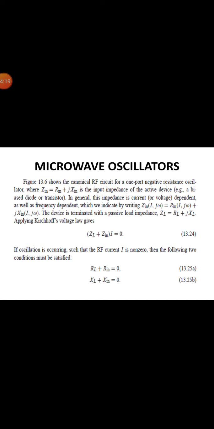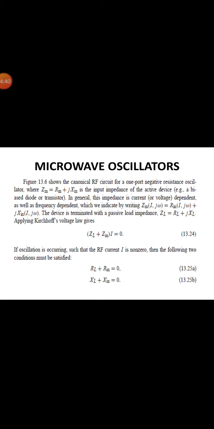In a YIG tuned oscillator, that is a YTO, a single crystal YIG sphere is used to control the inductance of a coil in the tank circuit of the oscillator. Since YIG is a ferromagnetic material, its effective permeability can be controlled with the external DC magnetic bias field, thus controlling the oscillator frequency.